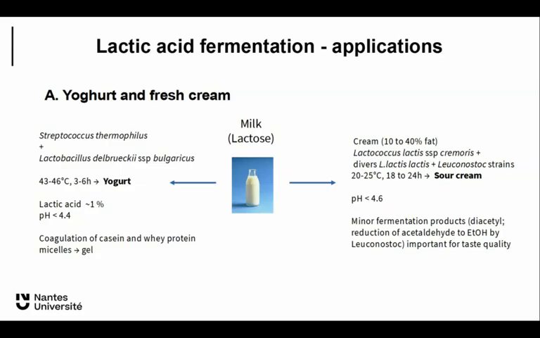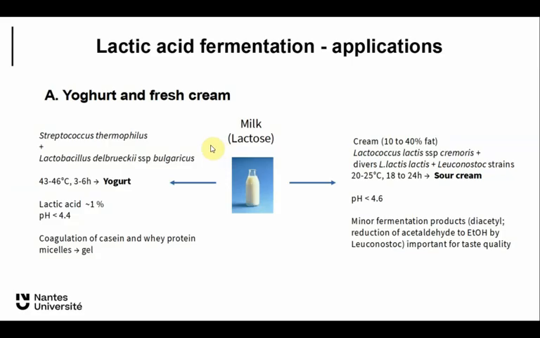Initially the Streptococcus thermophilus will grow, reduce the pH a little bit, and use up all the oxygen that's present. Then the Lactobacillus bulgaricus will start to grow and reduce the pH even more, and that's what will cause the proteins in the milk to coagulate and form this kind of gel texture that you have in the yogurt.